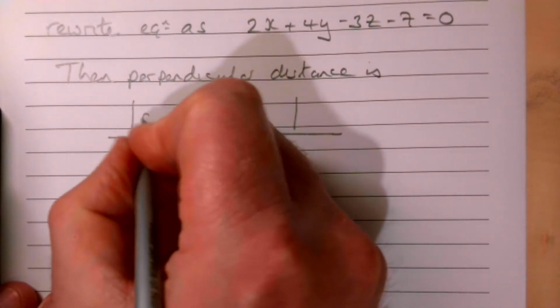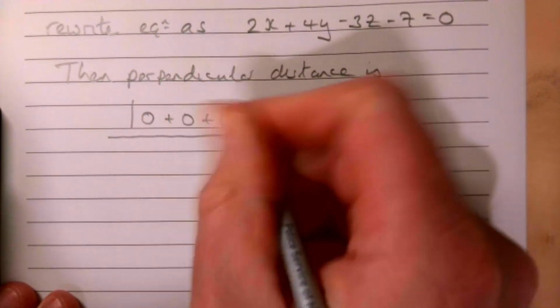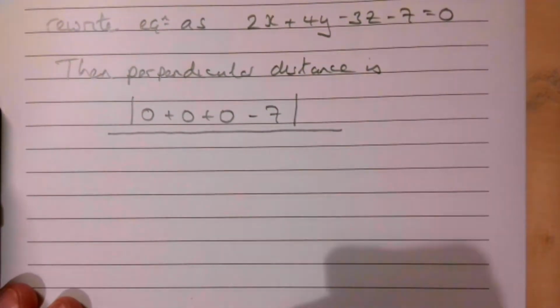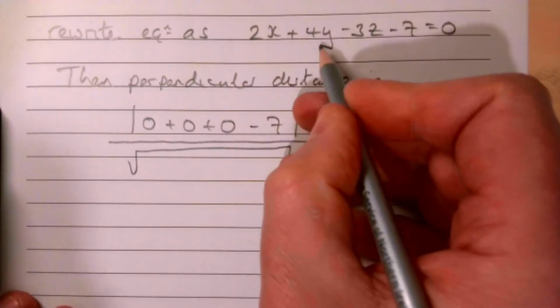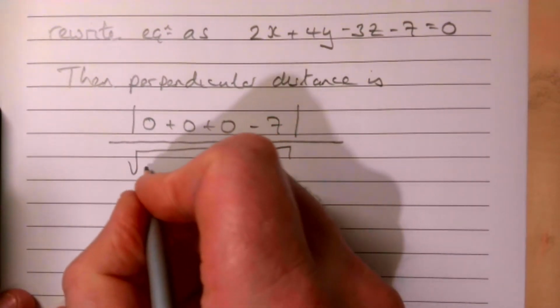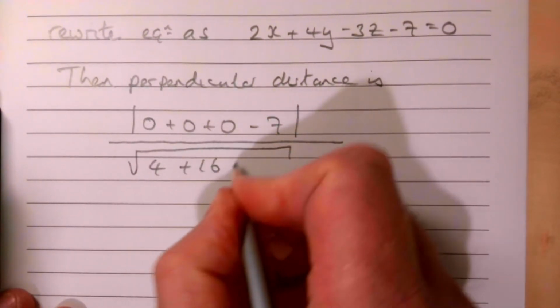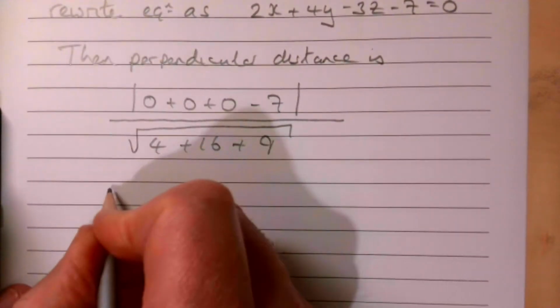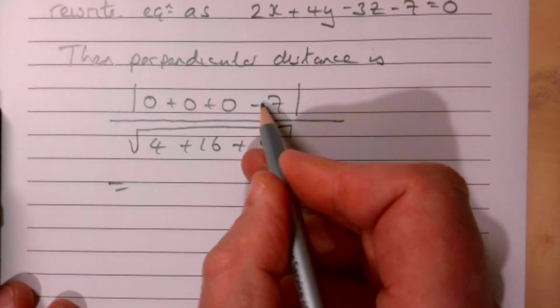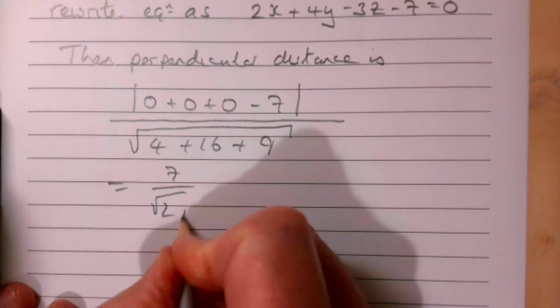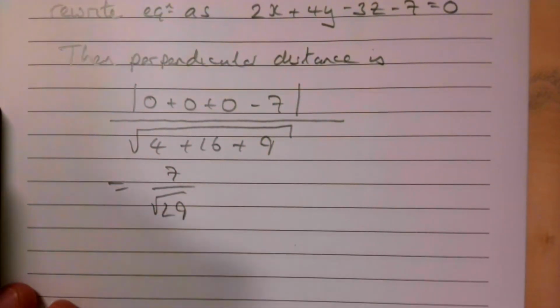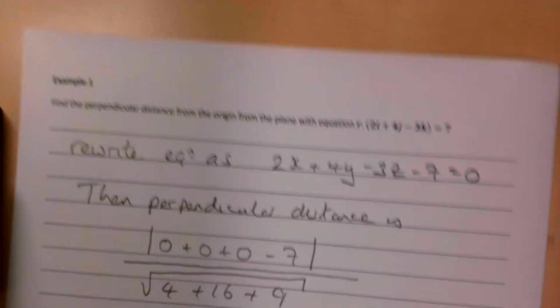So this is going to be 0 plus 0 plus 0 minus 7 all over the square root of 2 squared plus 4 squared plus 3 squared. We're taking the modulus, so the minus 7 becomes positive, so 7 over root 29 is our answer, and that's us done.